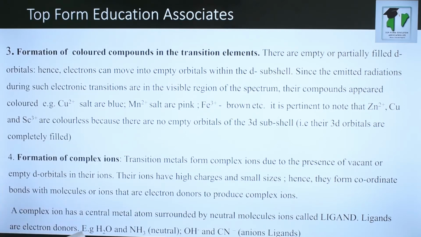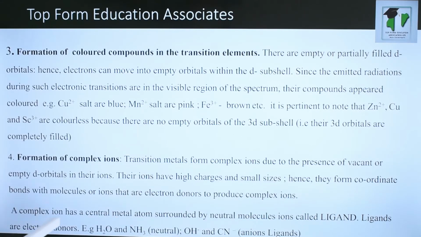If a transition metal has a vacant d orbital, it tends to form a complex with another element. Their ions have high charges and small sizes, hence they form coordinate bonds with molecules or ions that are electron donors to produce a complex ion.